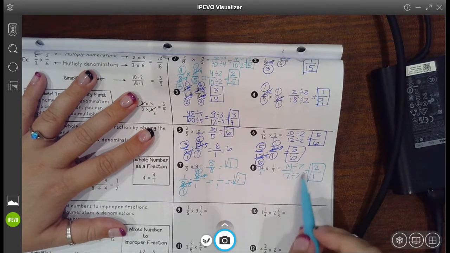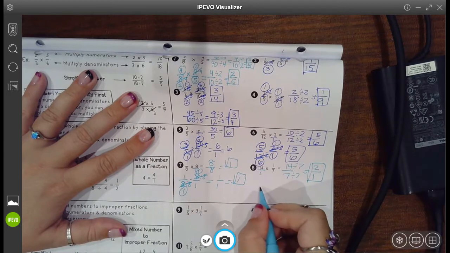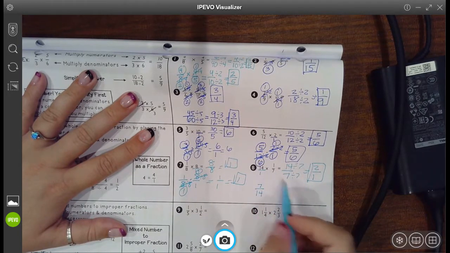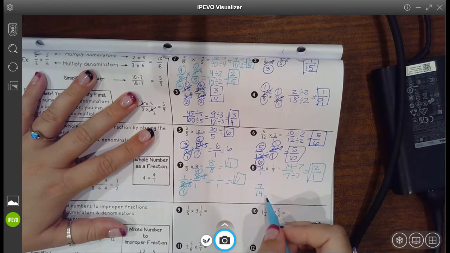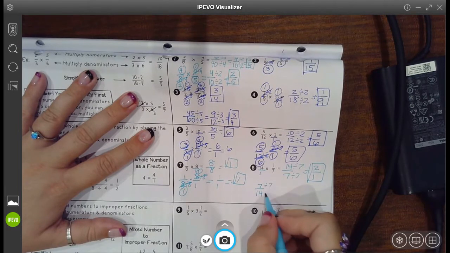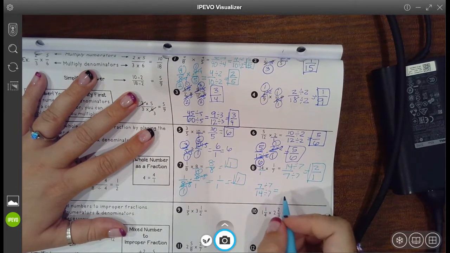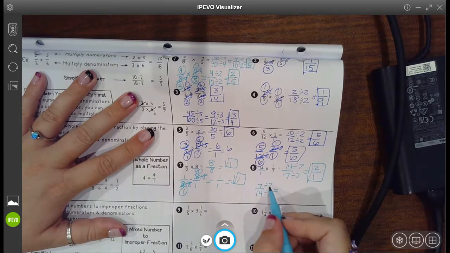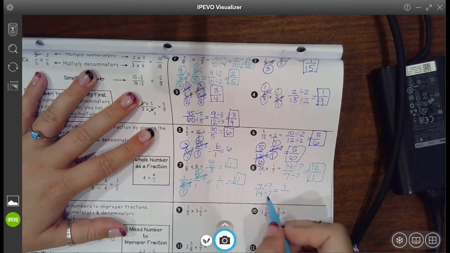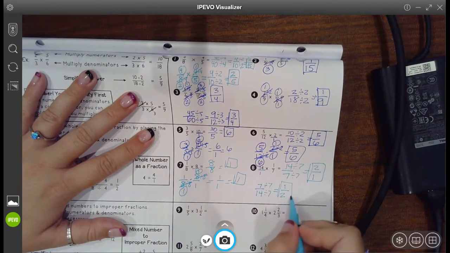Also, another reason that it's good to do it this way is because what if the answer I got was this? Do you know how many times people put, oh, the answer's 2? Does this reduce to 2? No, it does not. Because if you show what you're dividing by, you would see, oh, 7 divided by 7 is 1, and 14 divided by 7 is 2. So this actually reduces to 1/2.